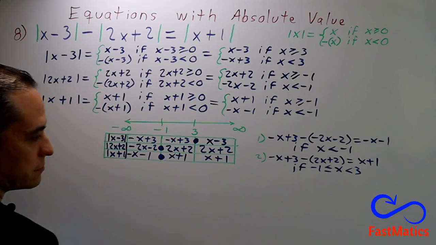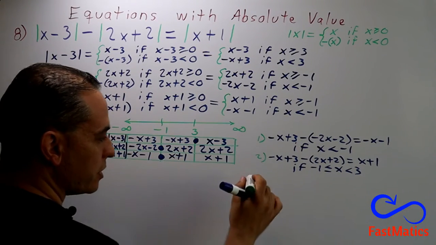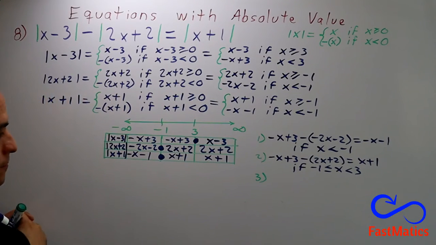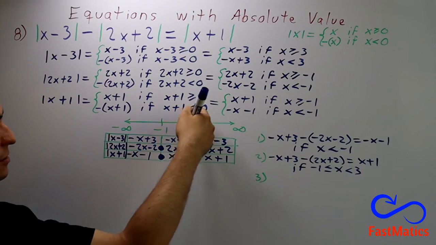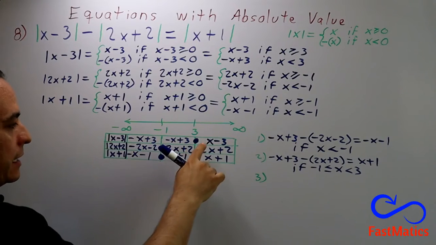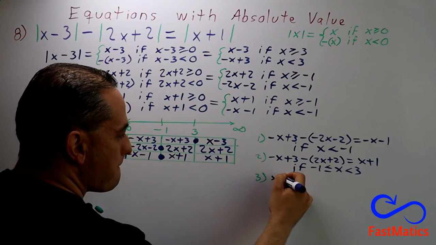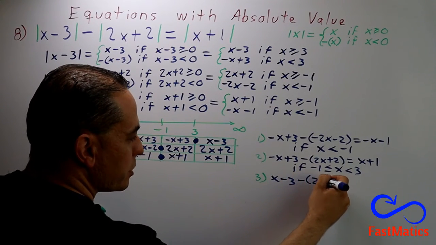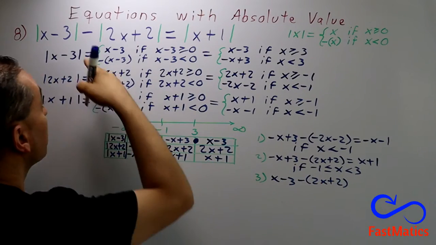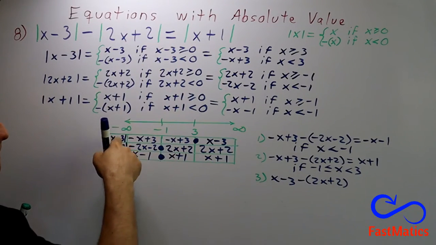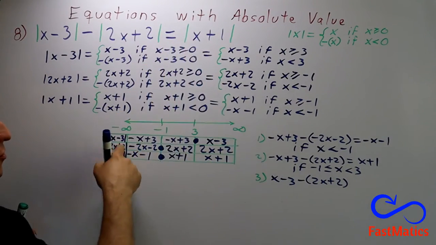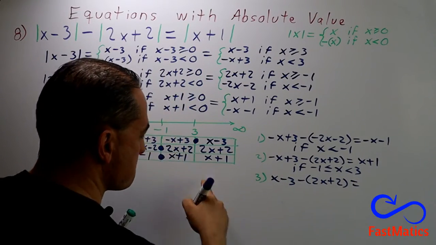And third equation, the third column, for values greater than or equal to 3, the first expression minus the second expression, the first minus the second, will be equal to the third expression.